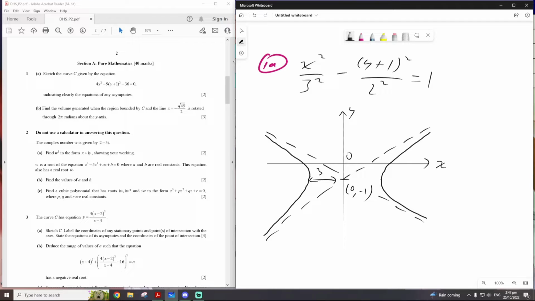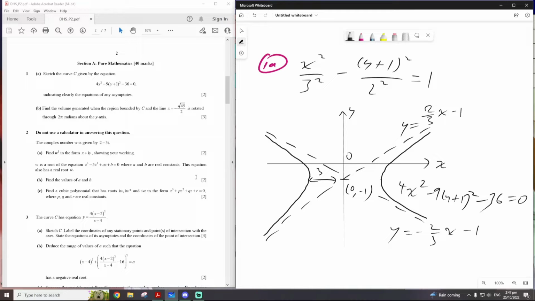Okay, y equals to rather 4x squared minus 9y plus 1 squared minus 36 equals to 0. Okay, so this is the y equals to 2/3 of x minus 1, and the bottom one is y equals to -2/3 of x minus 1.